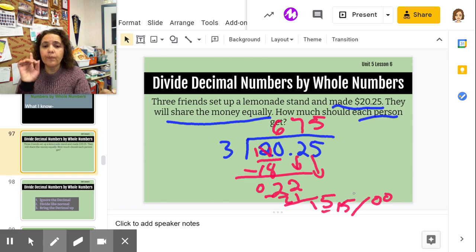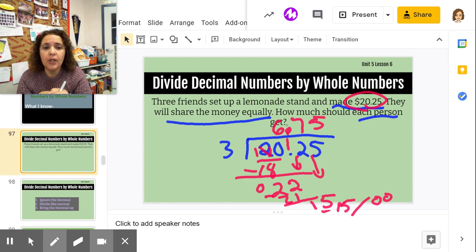Okay, now it's not going to be that each gets $675, right? So what do you think I need to do? Because if they only made $20.25, can each person get $675? That doesn't make sense, right? What do you think I need to do? The decimal, right? I forgot my decimal. The easy thing about this is you have your decimal there, just bring it straight up, and that's where it goes.